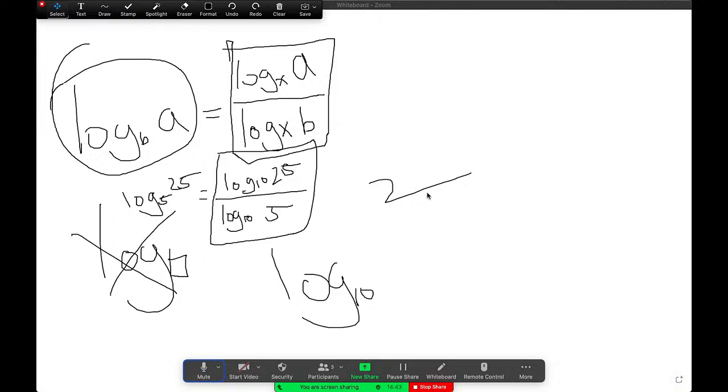Log of 25 divided by log of 5. And basically you get 2. So that means we did it correct. And yeah, it works. Super cool, right?